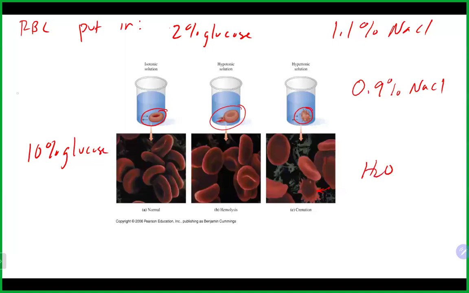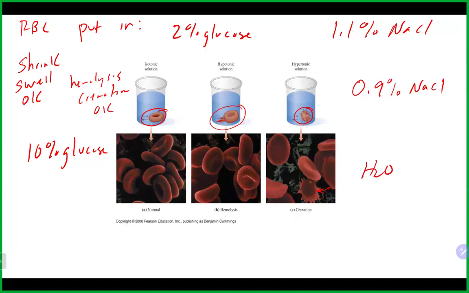So for each of those, will it shrink? Will it swell? Will it be okay? Will it go through hemolysis or crenation or be okay? All right, let's take a moment for each of those and see what will happen to our cell.